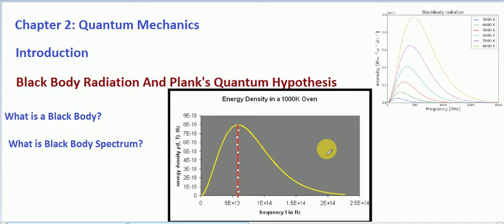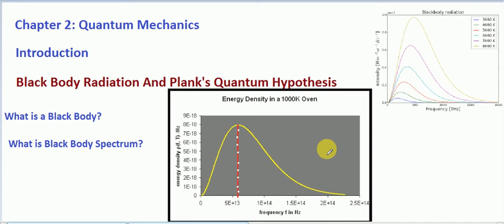For a particular temperature, the energy distribution is universal. So if it is a perfect black body, wherever in the universe you heat that object at a particular temperature, the black body distribution will be the same. So we can say that the energy distribution curve is a universal curve.